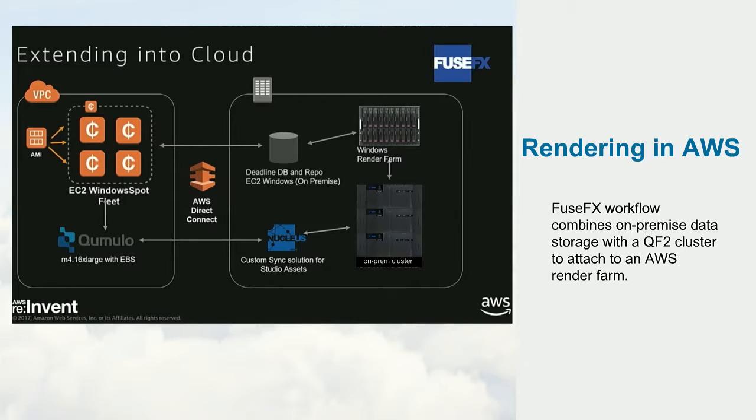So let's just quickly walk through this particular slide. So the big box on the left with VPC, that is what they have running inside of AWS, and on the right is their on-premise infrastructure.